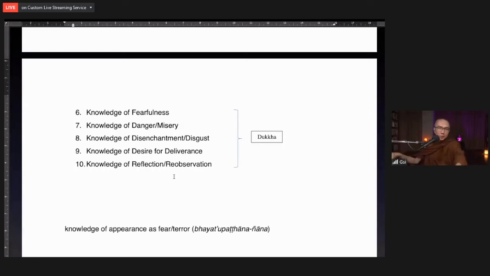Maybe we have to elaborate on the word reflection, re-observation a little bit more. What does it re-observe? That means it re-observes back on the anicca, dukkha, anatta.